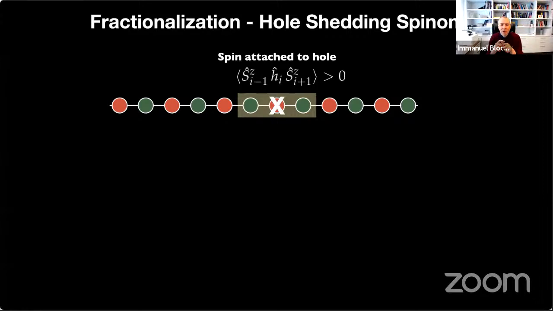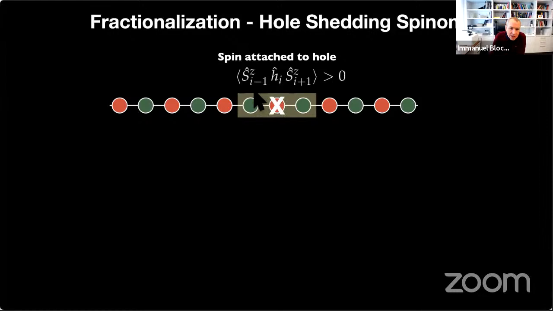Okay, I want to show you now a more interesting correlation function, which brings us to these higher order correlators, which are interesting to characterize processes like this spin-charge fractionalization of the electron in a much better way. The correlation function I'm looking at now asks the following question: how does the spin environment around holes look?